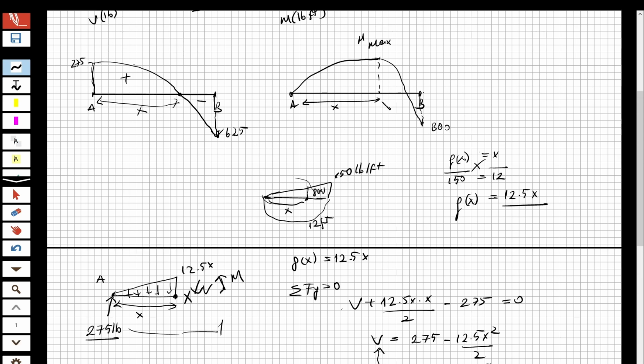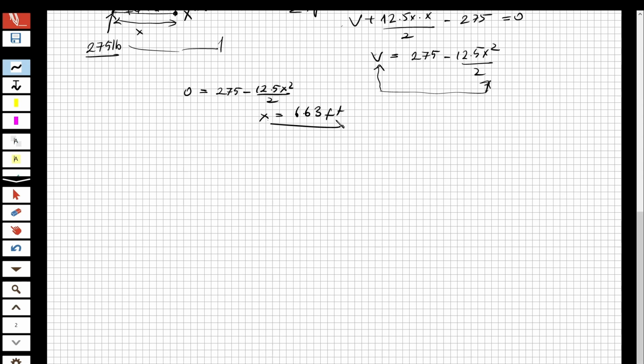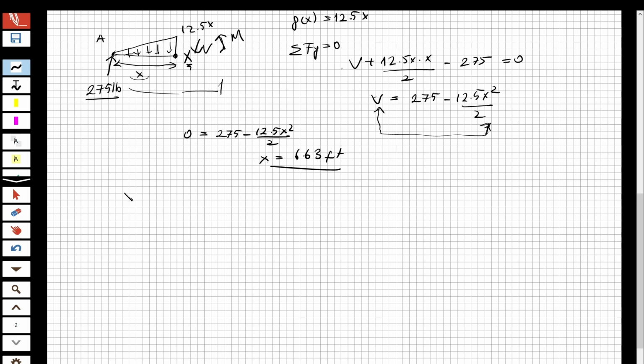Look at here, at this point, the moment is at the maximum value. So now we have to determine that point. So let's find it. I'm going to write the total moment with respect to x equal to 0, and it's going to be minus 275 multiplied by x, and plus 12.5x multiplied by x over 2 and multiplied by x over 3.